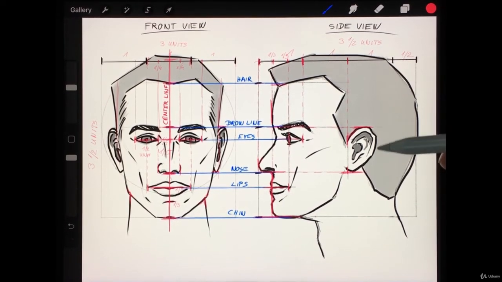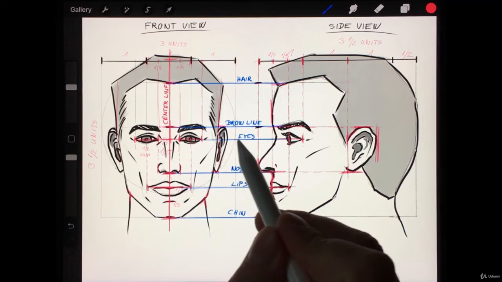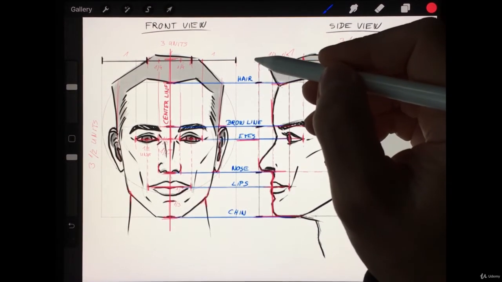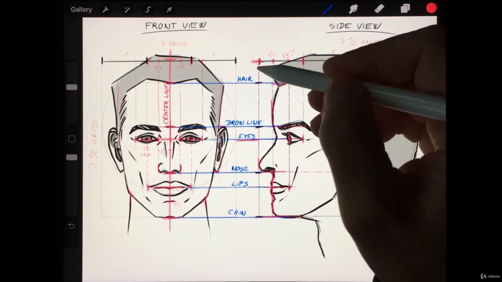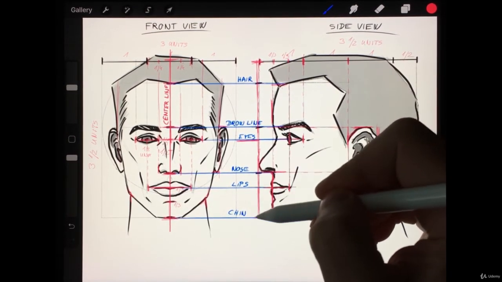It's also good to know that the ear is usually bigger than you would think it is at first glance. Now note that the eyes are located at the middle vertically on the head. You will think that they are in the upper half, but they are actually not. They are right at the middle.